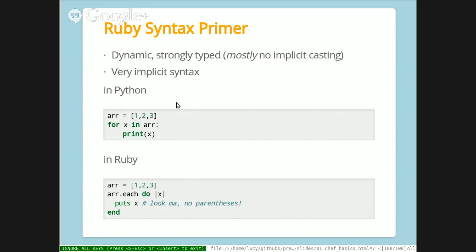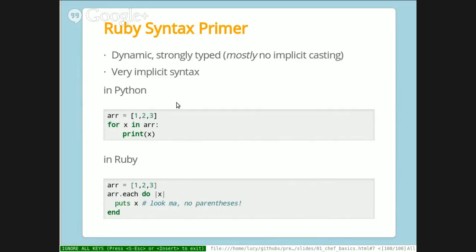It's implicitly passed. So like, you know how in C you have to say int myint equals an integer? In Ruby, you don't have to do that. It will look at the number 11 and be like, oh, I know that that's an integer. And if you want a float, it will make that a float. So that's really nice, but strongly typed means that once a variable has a type, it will not very easily change that type.